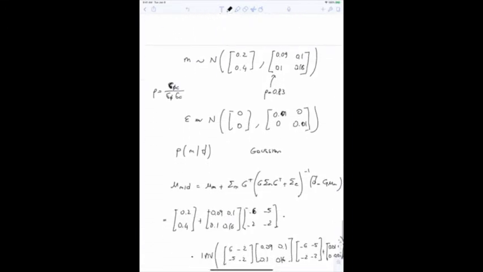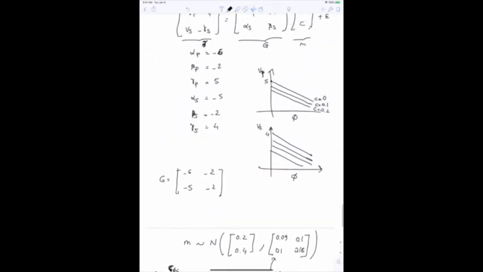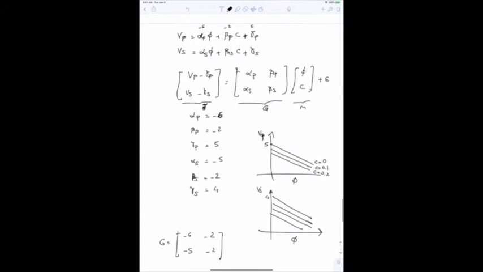So the data vector is going to be given by, well, I didn't give you the data, so I guess I have to pick a data set. I'm going to, let's see, pick a velocity of VP of 4 and VS of 3, just to make the math easy.